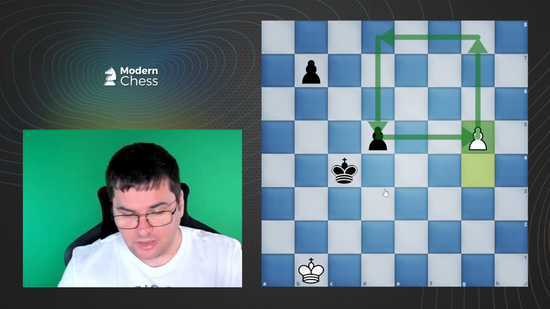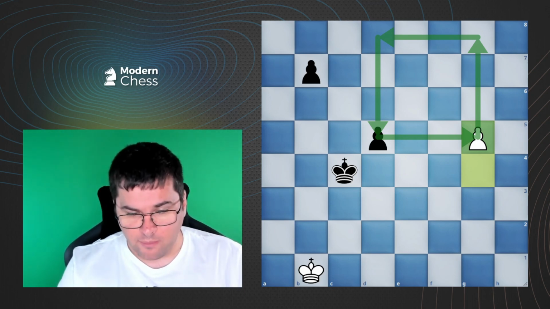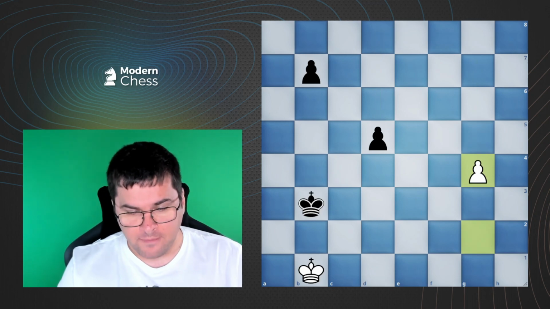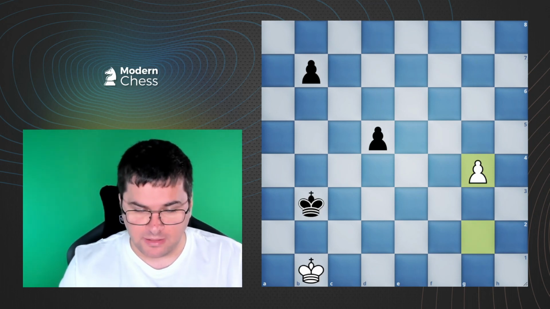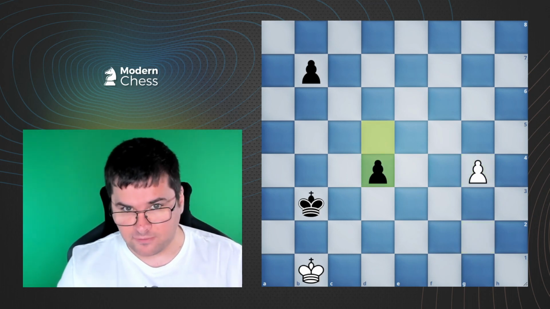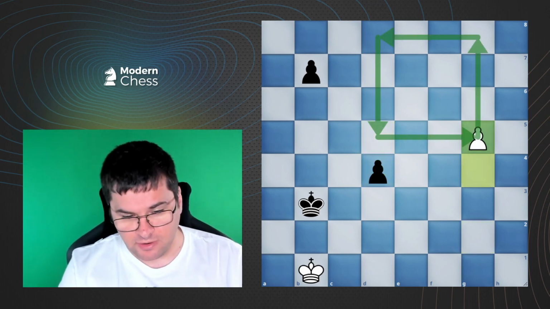I would like just to mention one more variation here. After g4, actually, black can try to initiate his own counterplay by means of d4, g5.